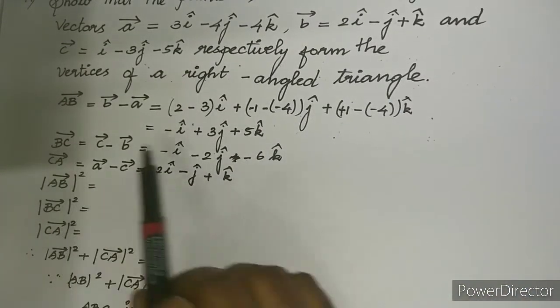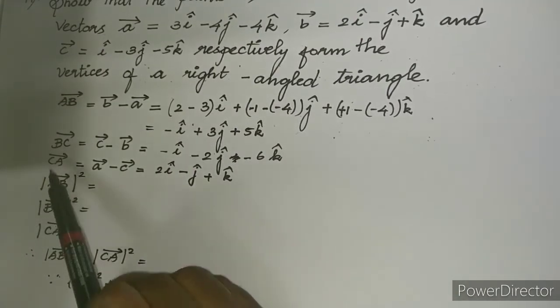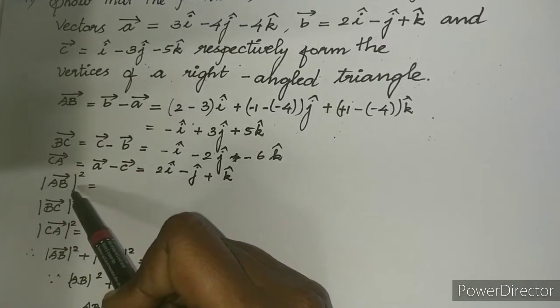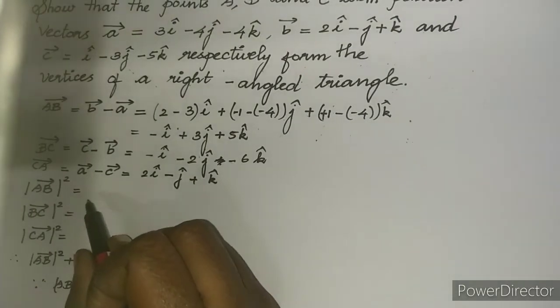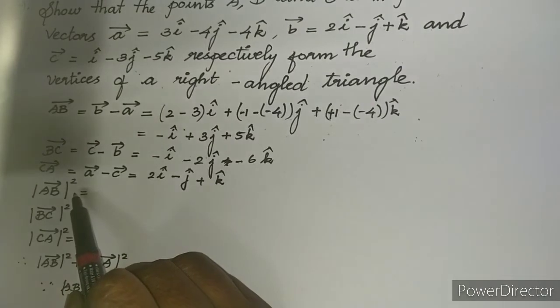After finding BC vector and CA vector, we will find the magnitude of AB vector, BC vector and CA vector and square them. We will write without root, since we have square and the square root will get cancelled.